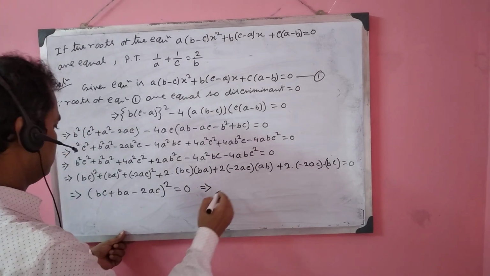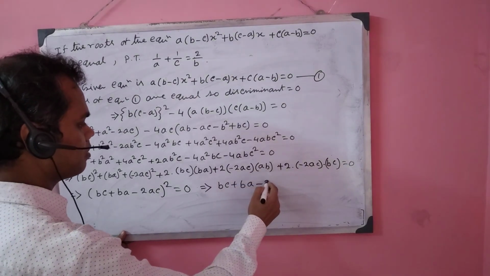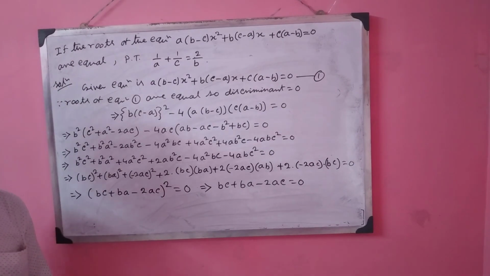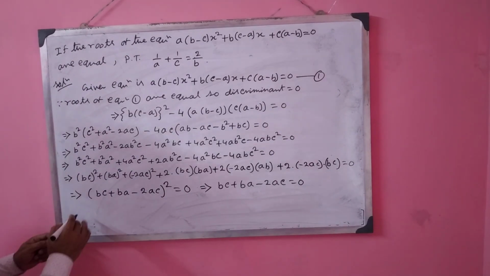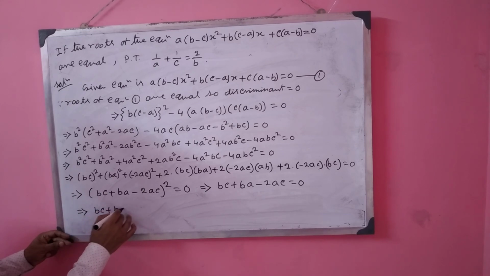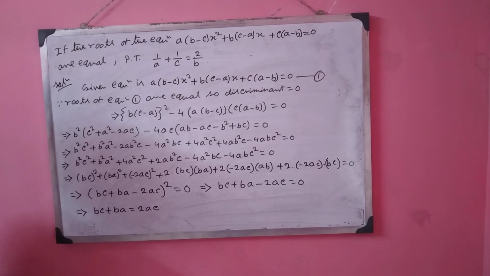That implies bc + ba − 2ac = 0. That implies bc + ba = 2ac.